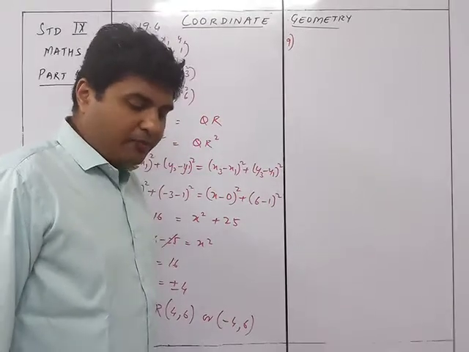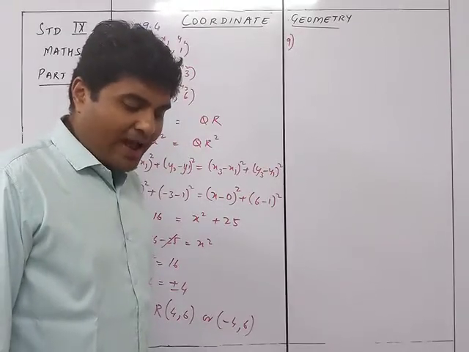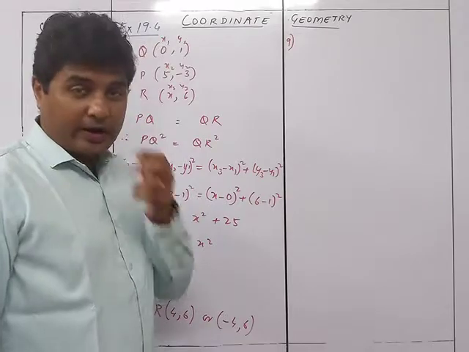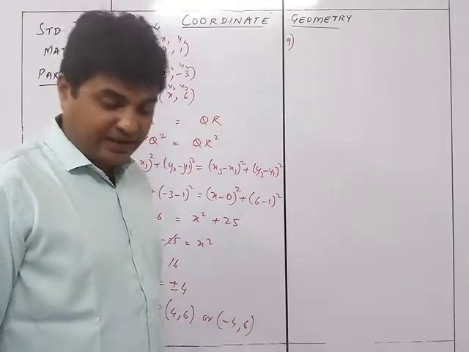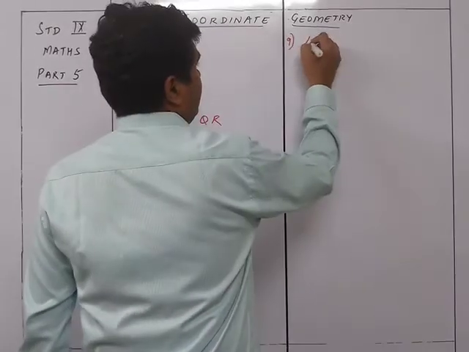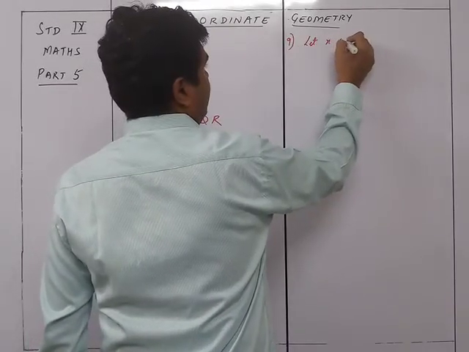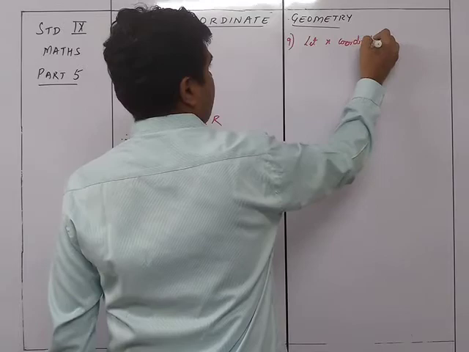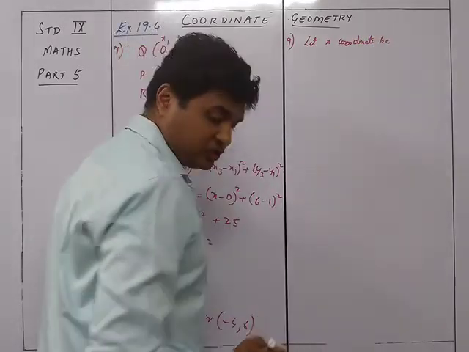The x coordinate of P is twice the y coordinate. So let me say the x coordinate is twice the y coordinate.